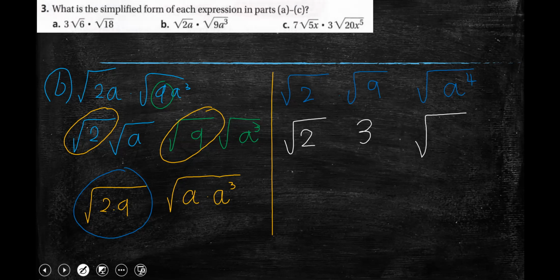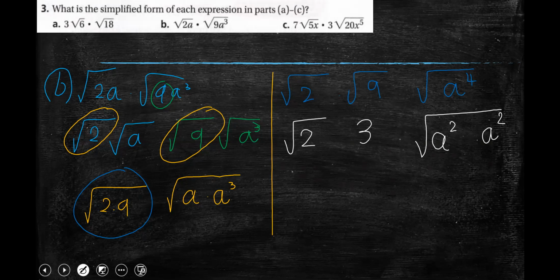I will now factorize it to a to the power 2 times a to the power 2. Is it right? Yes. Then I distribute it here like this and here.